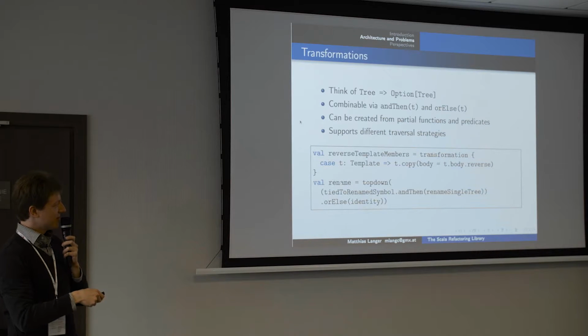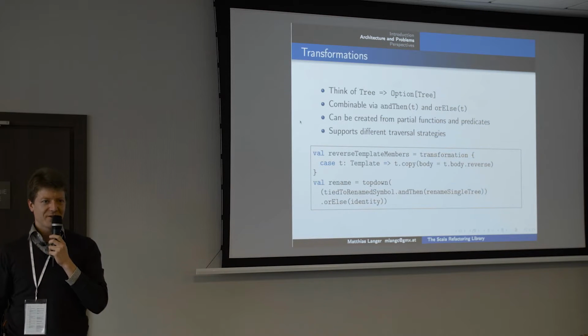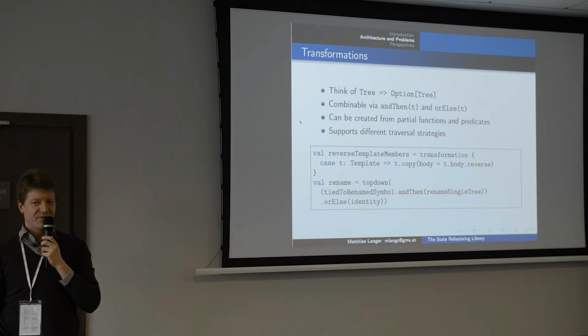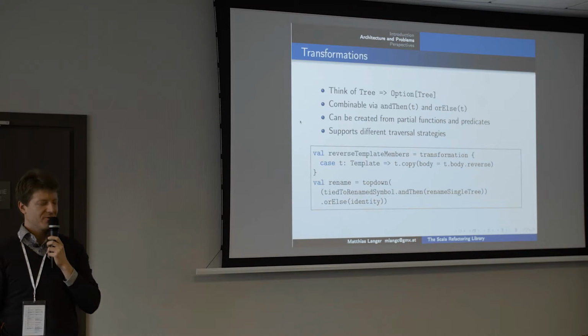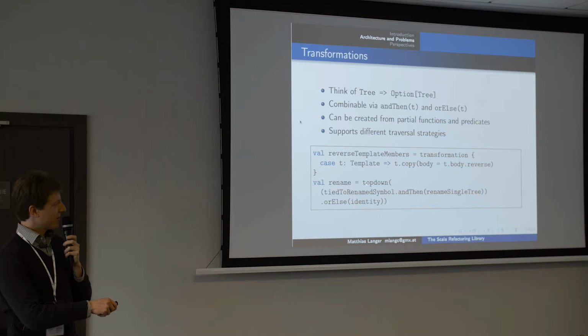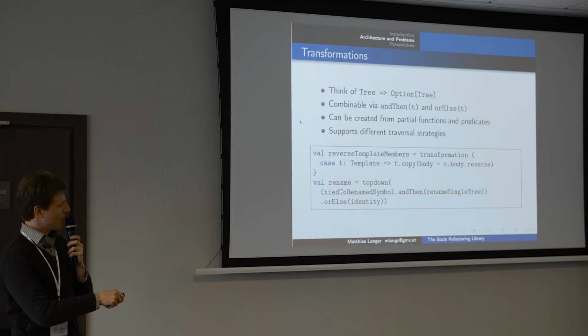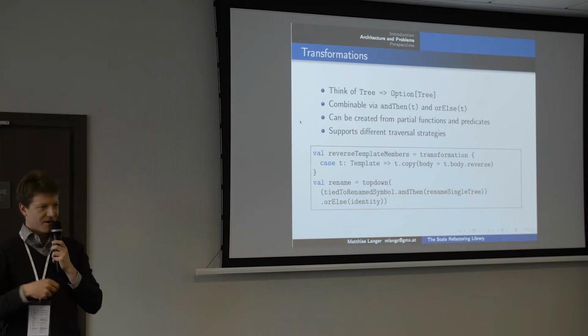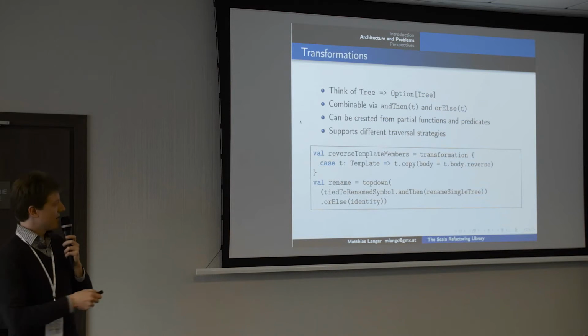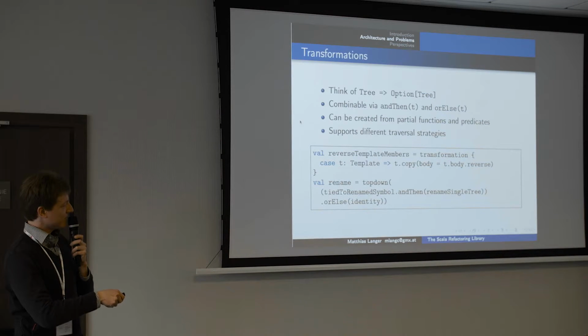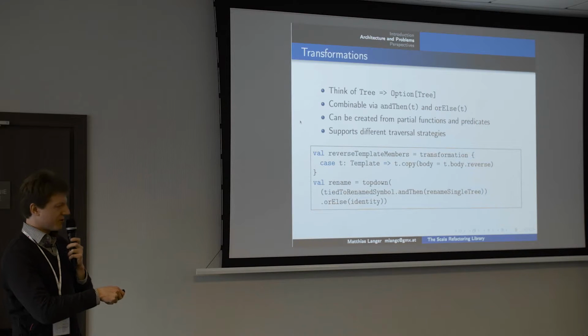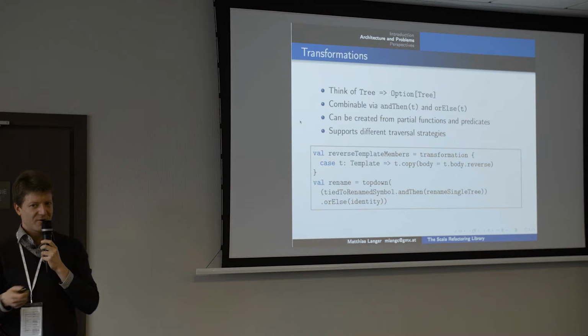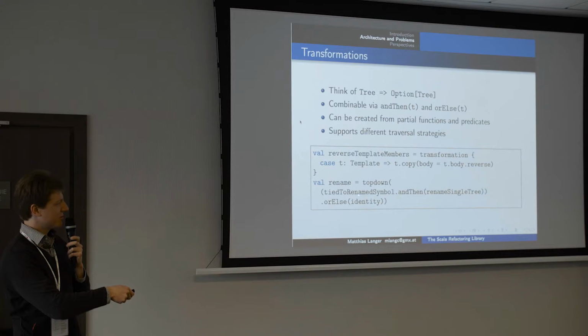And the next transformation here is actually inspired by the actual implementation of the rename refactoring. Let's forget this top-down here for a second. So we have a transformation here that is the identity transformation for all tree nodes that are tied to the symbol we want to rename. And all other tree nodes that are not affected by our rename operation are mapped to none by this operation.